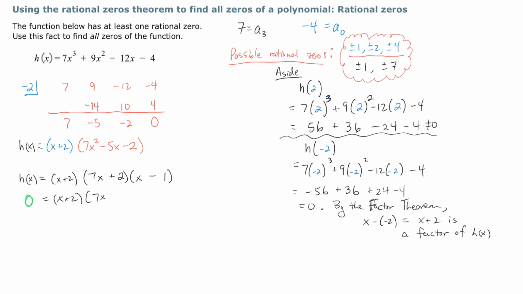And not a total surprise here. x plus 2 is equal to 0. 7x plus 2 is equal to 0. x minus 1 is equal to 0. So what are our zeros? The zeros for h of x are negative 2 sevenths, negative 2, and positive 1.